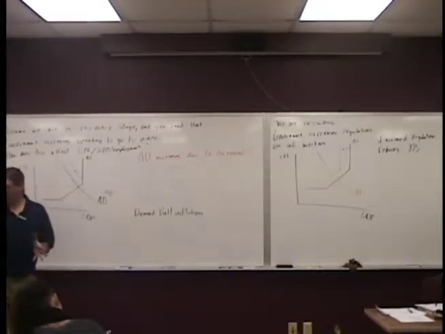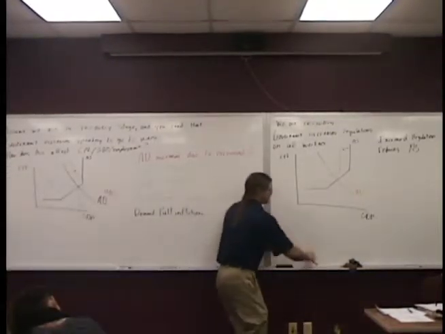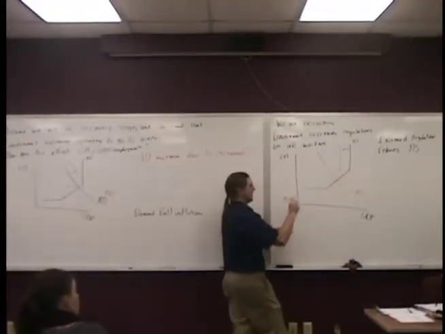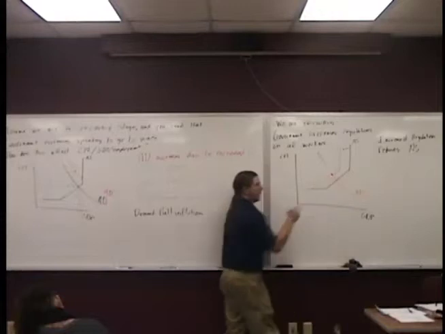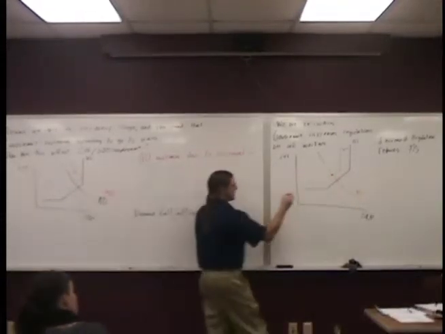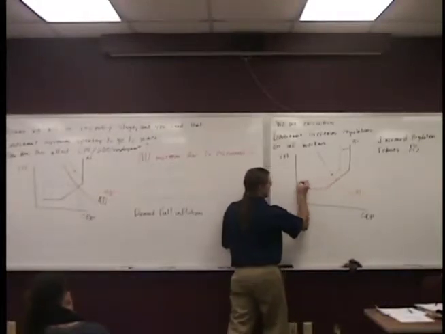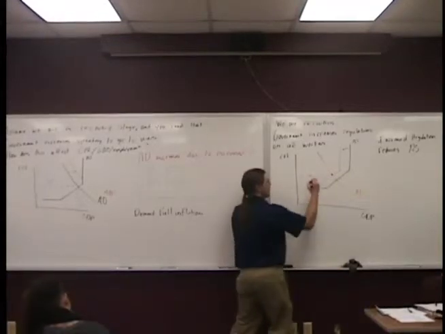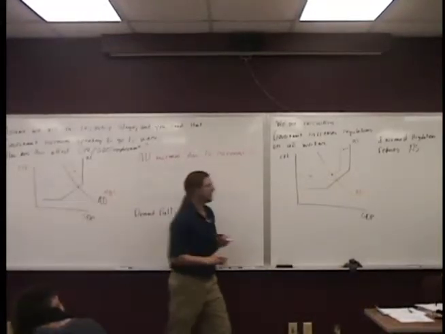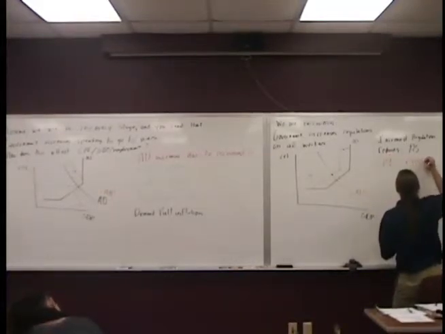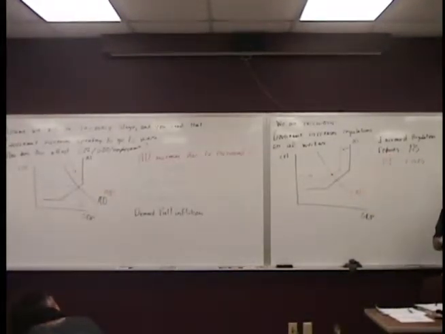And then compare your two equilibriums. Here's where we were. Here's where we are. So, what happened to CPI? Increased CPI, right? CPI rises. Bummer. What happened to GDP?